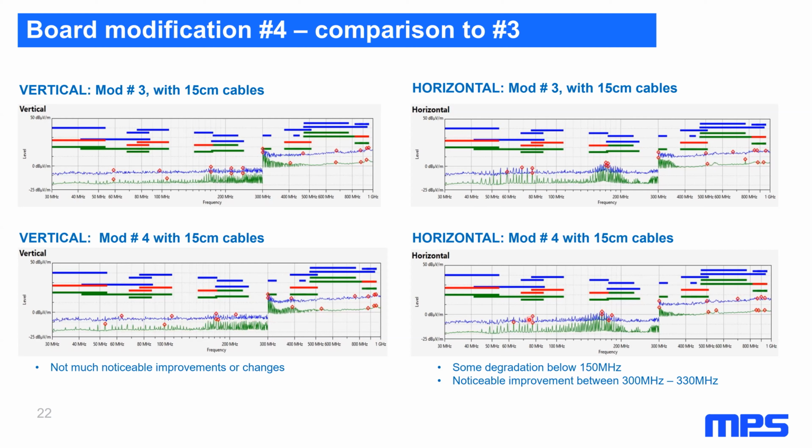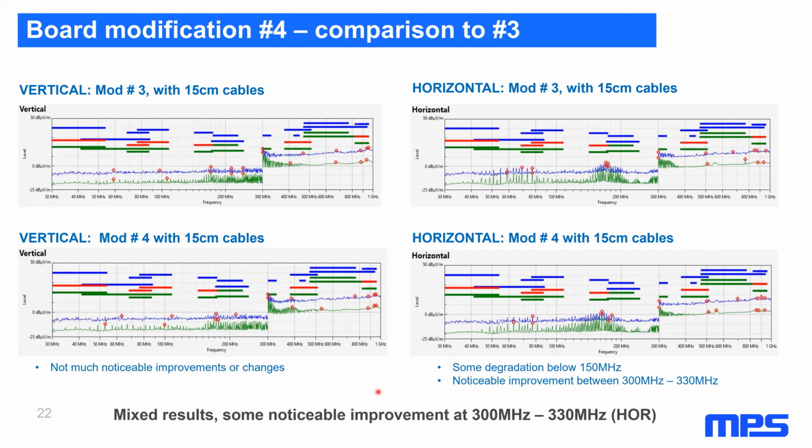When I look at horizontal, however, I see that my noise actually looks like it's peaking up a little bit around 150 megahertz and below. So that's actually kind of degraded a little bit. But then up around 300 megahertz, it's really come down quite a bit compared to what it was here. It's come down by several dB. So there's another data point for us to consider as we move forward.